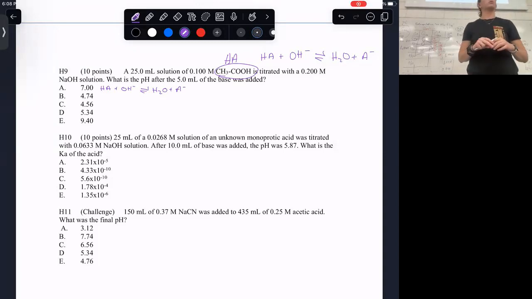What do we do next? Yep, we need to know how many moles of each we have through our pseudo ICE table. So how many moles of our weak acid do we have, and how do we solve for that?